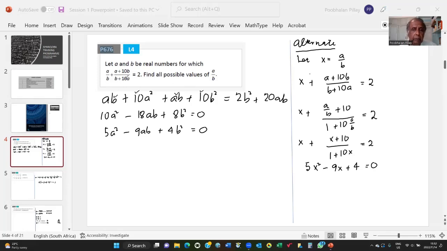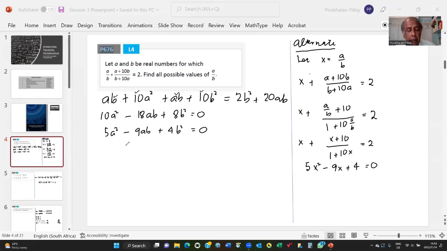But you must be careful. What happens when you're cross multiplying is you're actually multiplying right throughout by b into b plus 10a, and you get this part. So on the right-hand side, you have to do the same thing. And when you multiply this by b into b plus 10a and simplify, you will get that expression. Now, if you bring all the a squareds and the ab's and the b squared together, you will get this equation, and eventually you come to this.